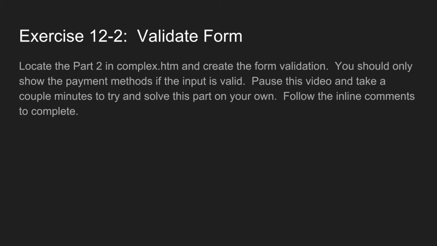You should only show the payment methods if that input field is valid. Let's go ahead and pause the video and take a couple minutes to try and solve this part on your own and follow the inline comments to complete. All right, if you haven't done so, please pause the video now because I'm about to go through the answer for this part.